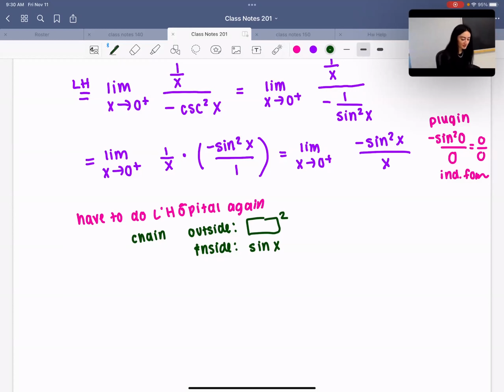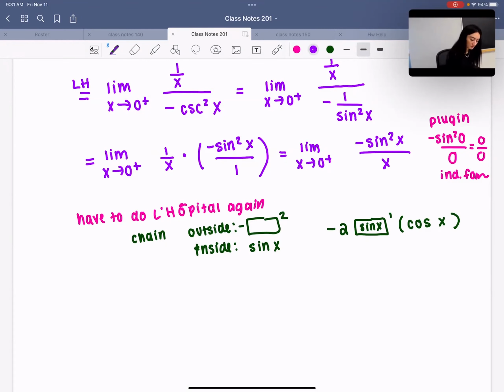Now, technically, the outside is negative something squared, right? Okay. So using the chain rule, taking the derivative of the outside is going to be negative 2 box to the first power. What's the derivative of the inside, or sine? Cosine, good. Okay, now we can stick the inside back in here. The derivative of negative sine squared x is negative 2 sine cosine.